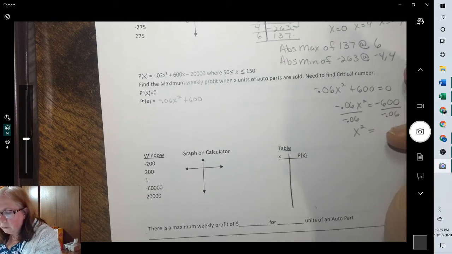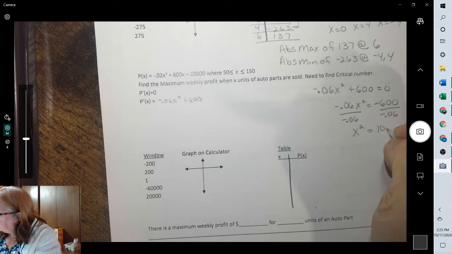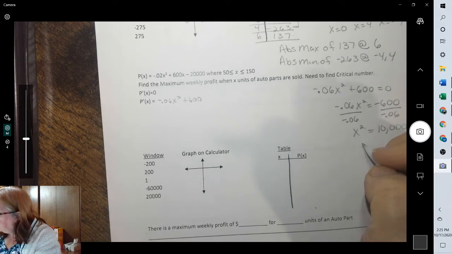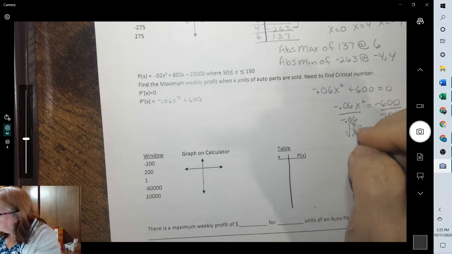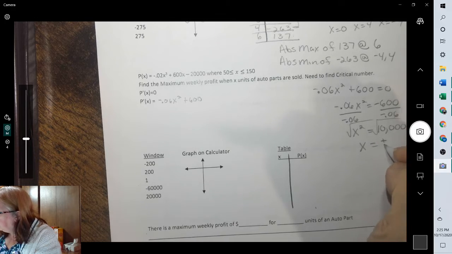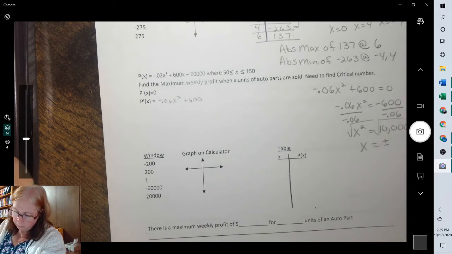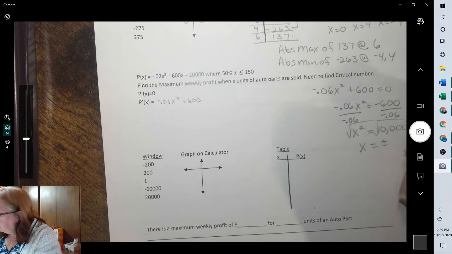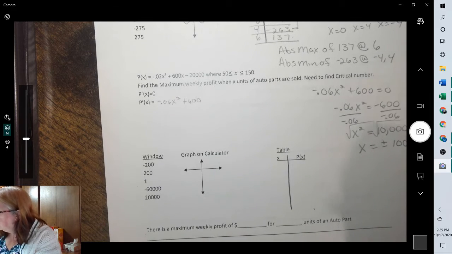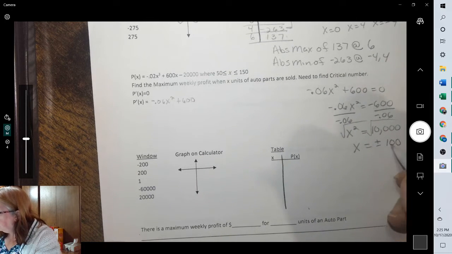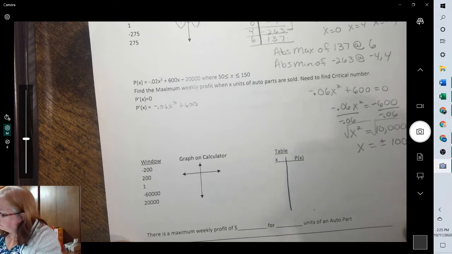We get 10,000. Taking the square root, we get plus or minus 100. So our critical numbers are 100 and -100.